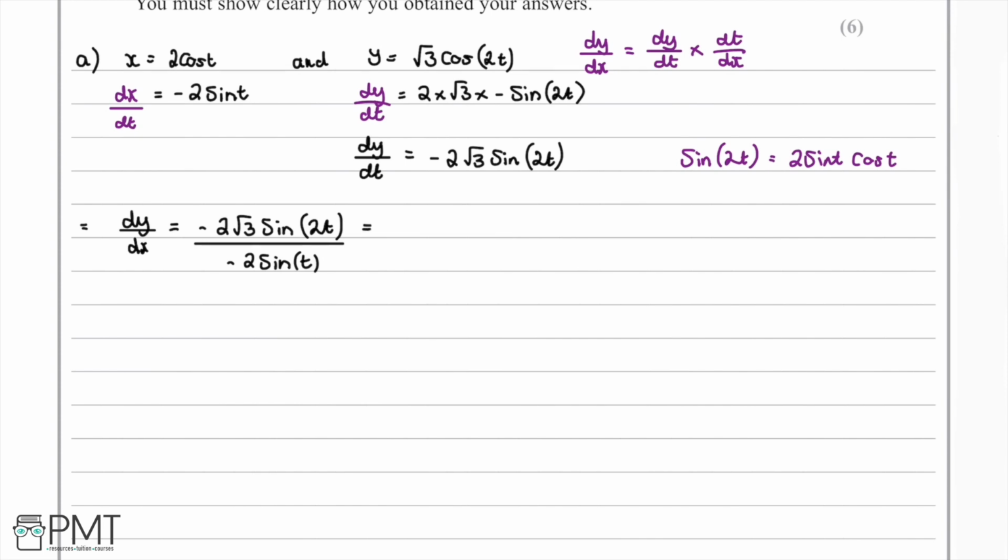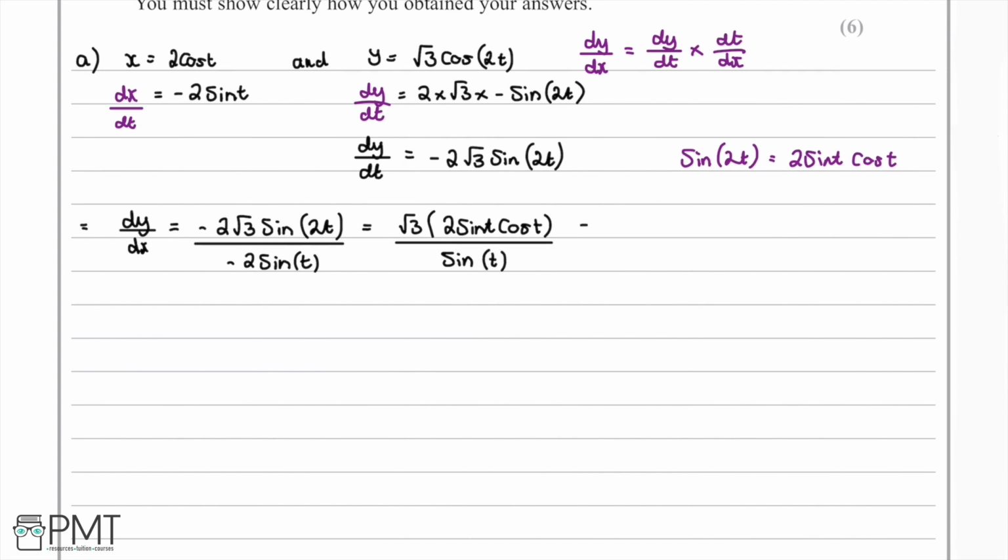So we notice here that the negative 2's will cancel out, and we can then replace sine 2t with 2 sine t cos t. So our equation will then be as follows. We'll have root 3 lots of 2 sine t cos t, and we'll divide this by sine t here. Our denominator doesn't change.